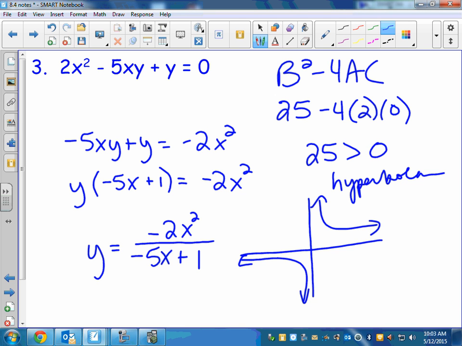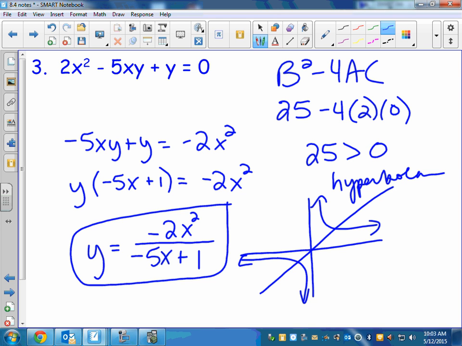So a rational function could be thought of as a hyperbola, depending on what it looks like here. When you type this in your calculator, you are going to see the 2 branches, and they're just slanted instead of going up and down and left to right. So the axis of symmetry, or transverse axis, would be going through something like that. So there's like a horizontal asymptote and a vertical asymptote.